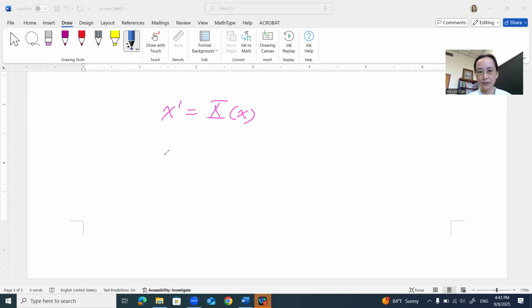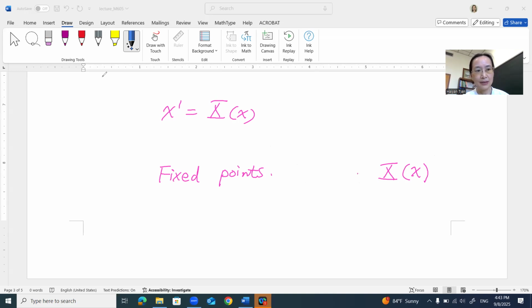So if you have an autonomous system, very conveniently, we can find fixed points. Fixed points are also just the constant solutions of the system. So meaning the capital X, the vector field at each of the fixed points, you get 0, right?